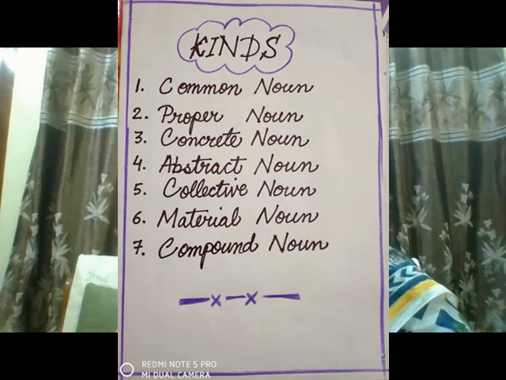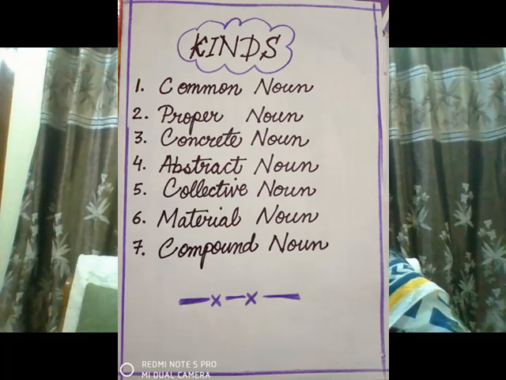Now moving ahead, we will talk about the 7 different kinds of nouns. I have already told you that there are 7 different kinds which you are going to study in your class. They are common noun, proper noun, abstract noun, concrete noun, collective noun, material noun and compound noun.